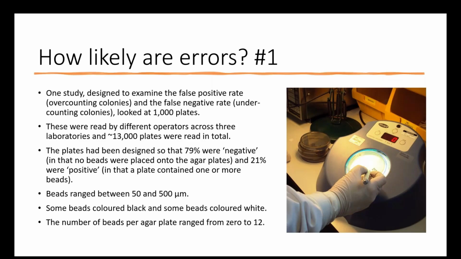And the number of beads per agar plate was either none, obviously for the plates that are designed to be negative, and then for those that were positive, they ranged from 1 to 12. So they're trying to represent lower levels of contamination, the sort of levels that could be in grade A, B, or C clean rooms, for example.